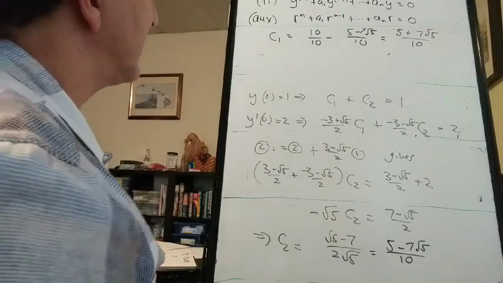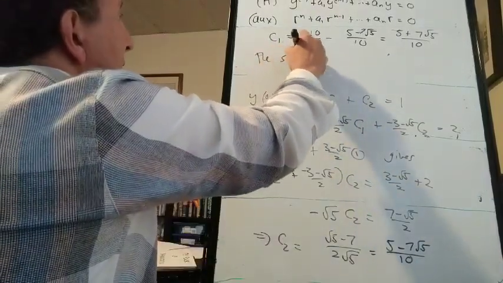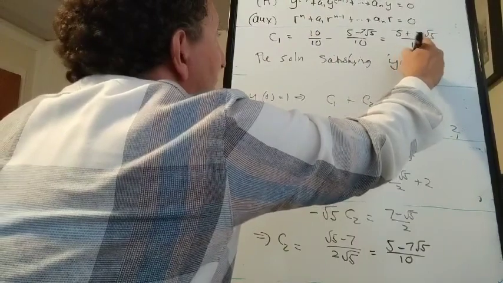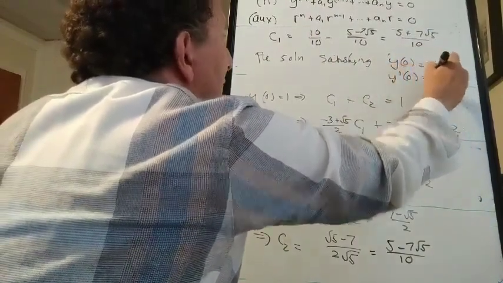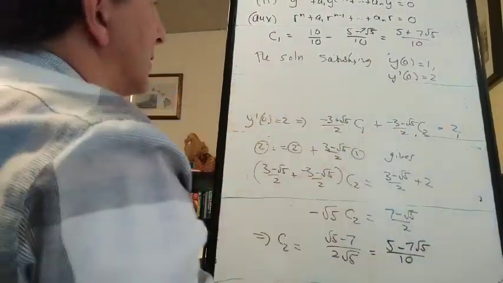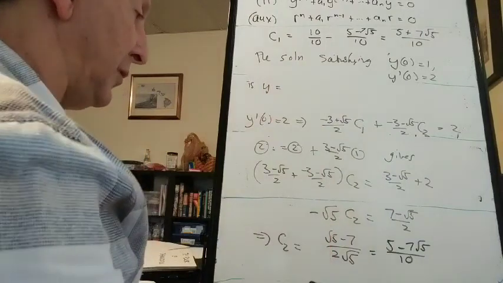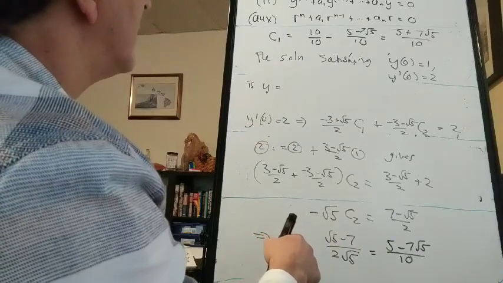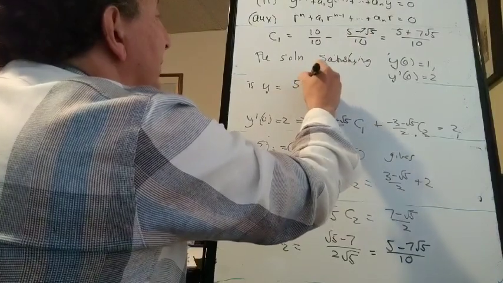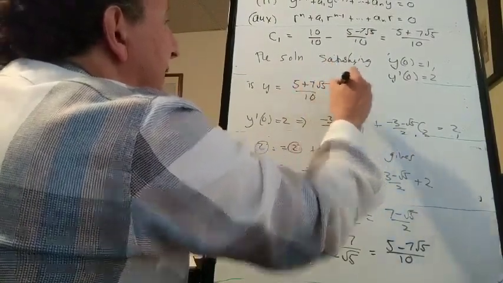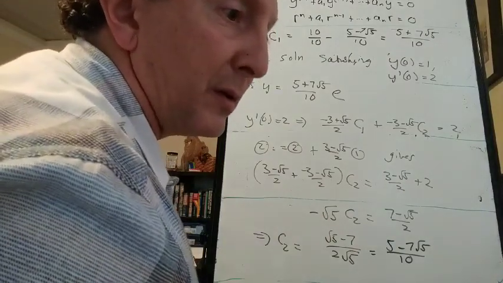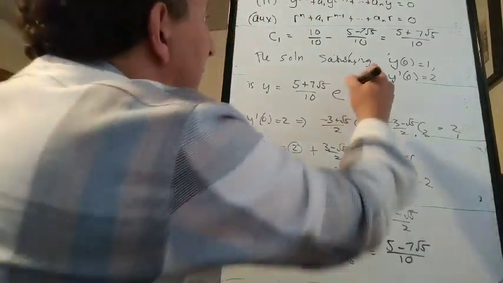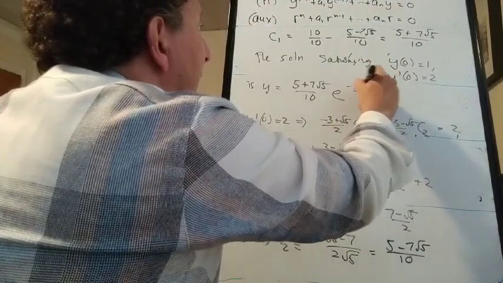So the solution we want, the solution satisfying y of 0 equals 1, y prime of 0 equals 2, is y equals c1, which we said was 5 plus 7 root 5 over 10, times e to the first exponent, which is negative 3 plus root 5 over 2 x.